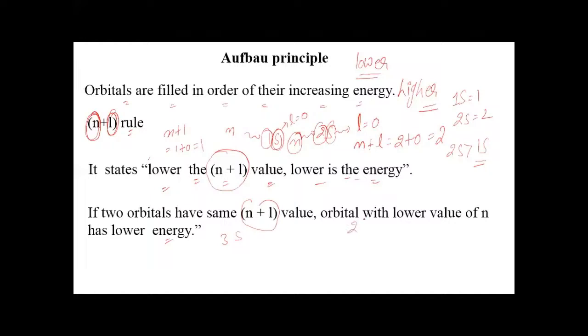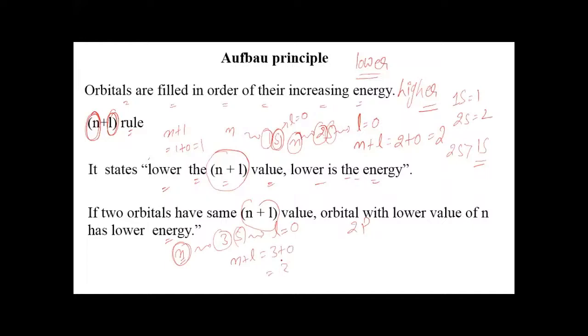In case of 3s, 3 tells us the value of the principal quantum number n, and on the basis of s we find the value of azimuthal quantum number l is 0. According to the formula n plus l, 3 plus 0, the value comes to be 3.